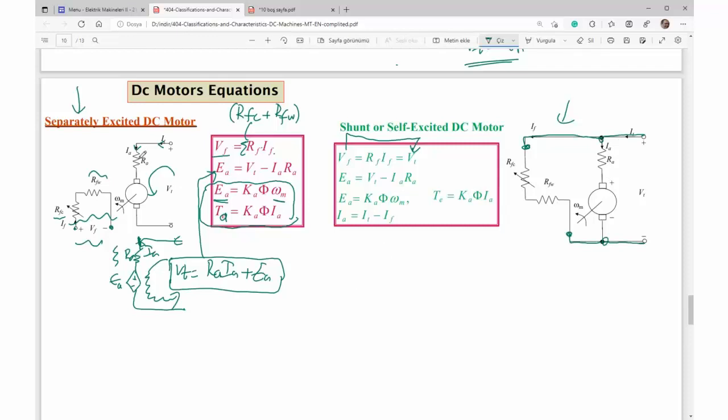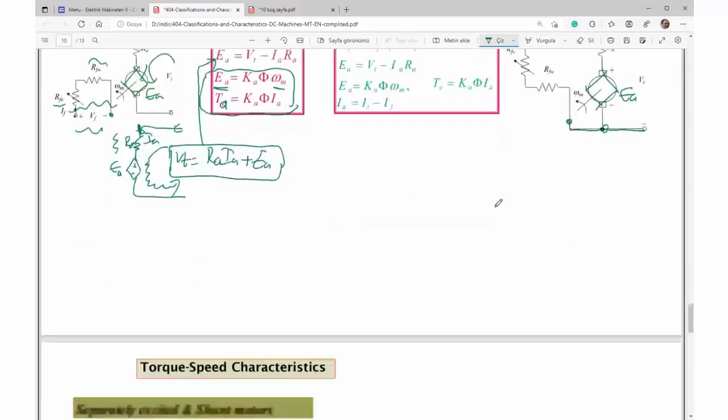This resistance, in fact, inside the EMF. Let me show. I have used some ready drawings, so yeah, there is something different, but there's no problem.